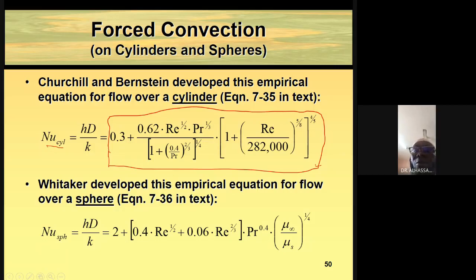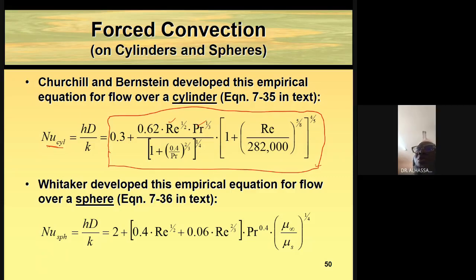It means we need to find the Reynolds number and the Prandtl number, and we substitute into this equation, and that gives us the value for Nu. Then consequently, we have to find the value for h, given that we have Nu already.